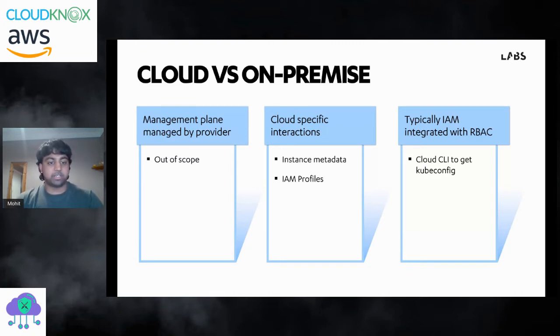Now, there are various protections for this that are possible, but they're not always in play. And the fact that it is also in the cloud environment, typically IAM is also integrated with access to the cluster. So when authenticating to a Kubernetes cluster which is managed, typically you're using your cloud provider's IAM or CLI to kind of get access and generate your kubeconfig files so you can authenticate.